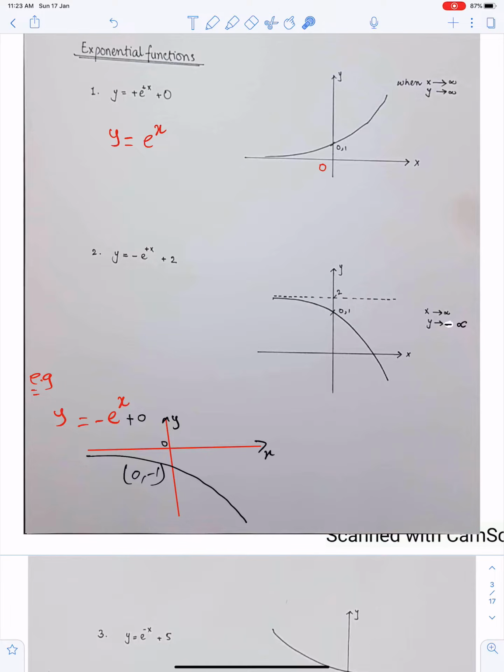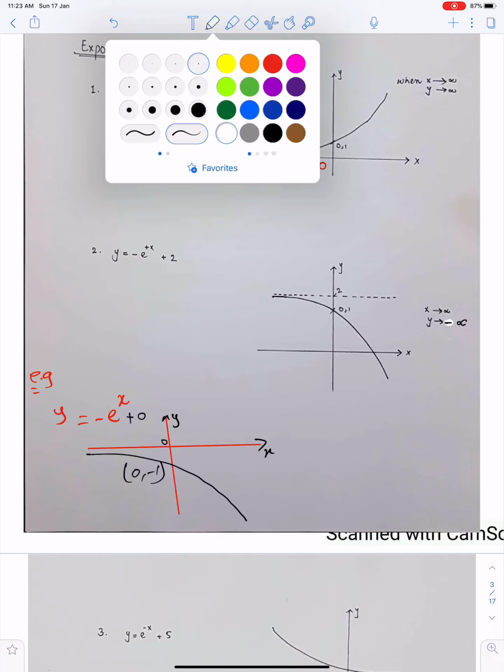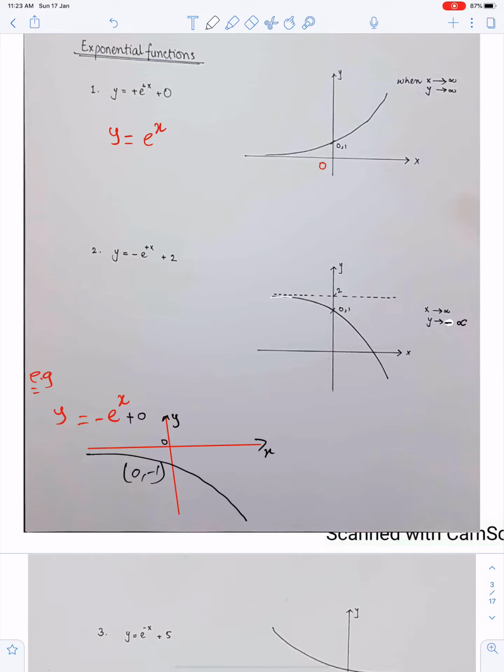So the intercept will be 1. Now let me sketch this correctly, because the intercept should be here. Make sure you make the sketch according to the scale. This is fine, but we should have a proper sketch so that the students will not make mistakes.